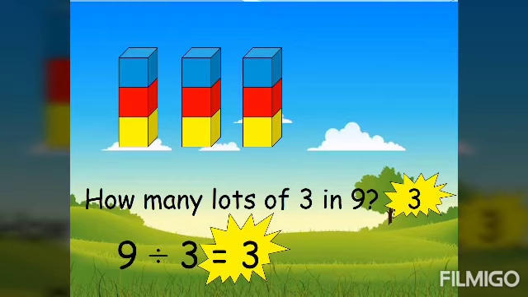Okay, take a look at this, guys. Very nice. So how many lots of 3 in 9? So the answer is 3. As you see here in the yellow, we have here 3. So now, in a short way of writing this in a division sentence, we have 9 divided by 3 equals 3. So the answer is 3, guys. So there are 3 groups of 3s in 9 lots.